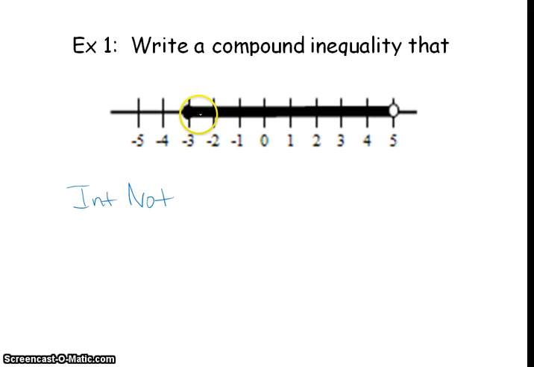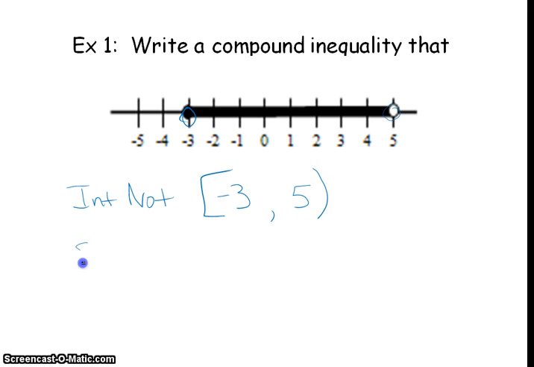We could see that we've got a -3 here. It's clearly running from -3 to 5. And so now we just have to see what kinds of symbols we want. Since it is including -3, we're going to put a bracket. And since it is excluding 5, we're going to put a parenthesis.